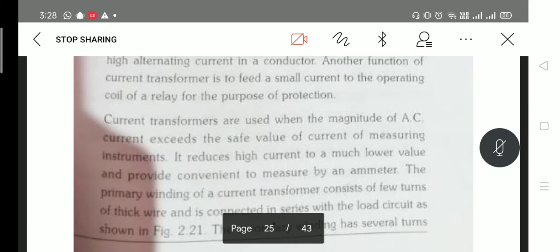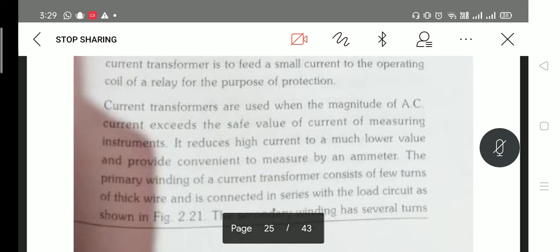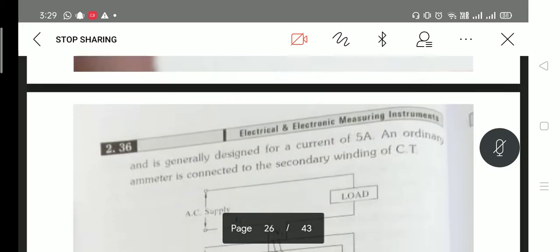Here, the primary winding has a few number of turns of thick wire connected in series in the load circuit. On the primary side we are using few turns. Okay, on the secondary side we have more number of turns.